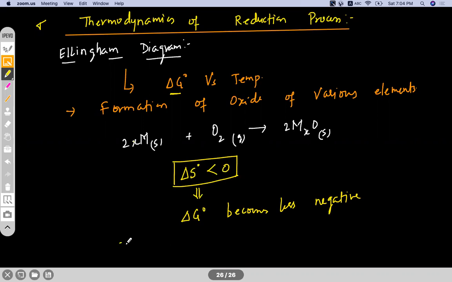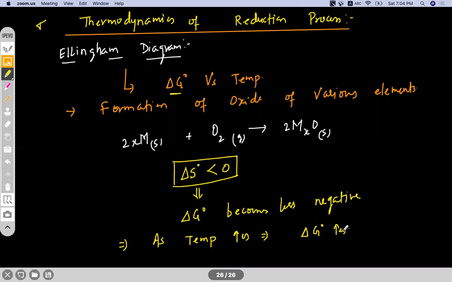This means as temperature increases, delta G naught increases. That's the first thing we have. We need to understand the relation of delta G naught and temperature.